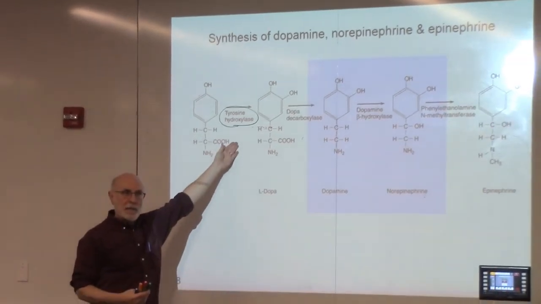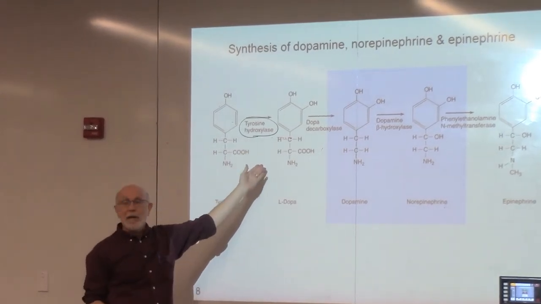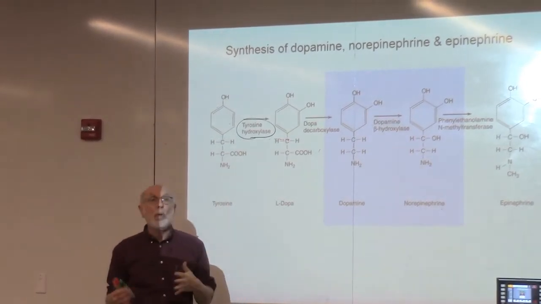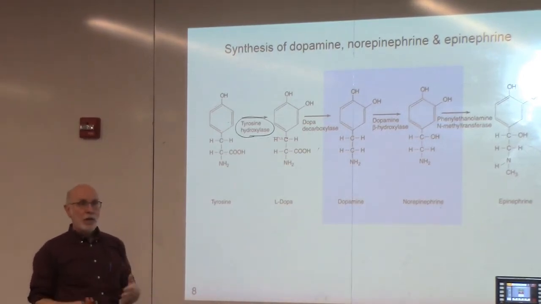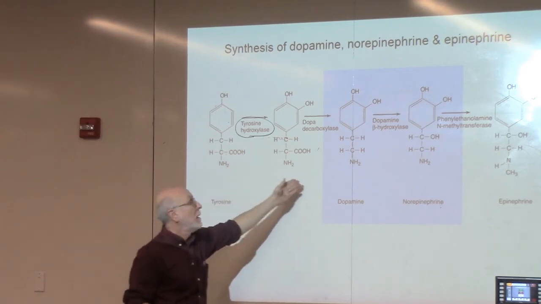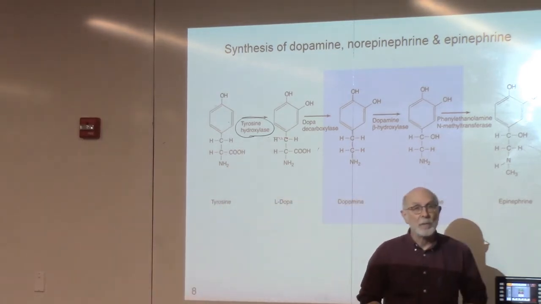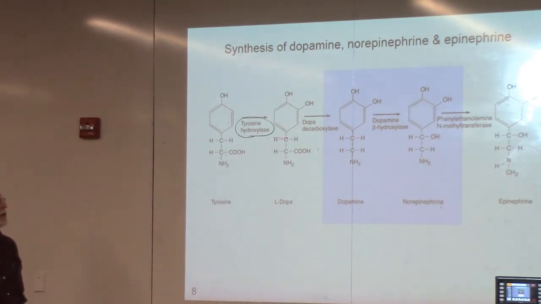Tyrosine hydroxylase is the enzyme that defines whether a neuron is catecholaminergic. Because all catecholaminergic neurons have to have a pretty high expression of this enzyme in order to make their neurotransmitter. That's pretty much the main information that this slide embeds. I don't want you to know the structures.